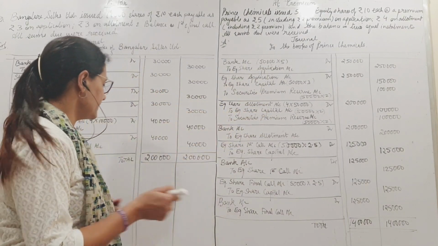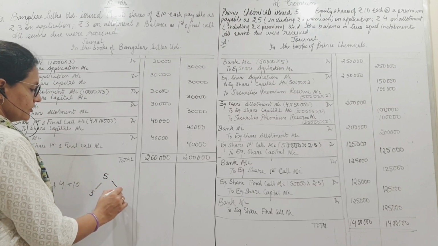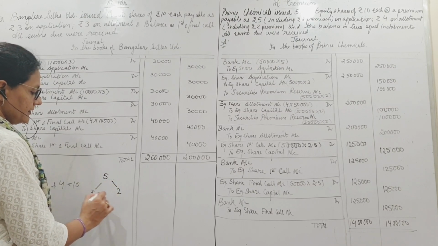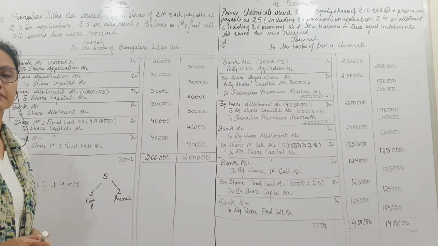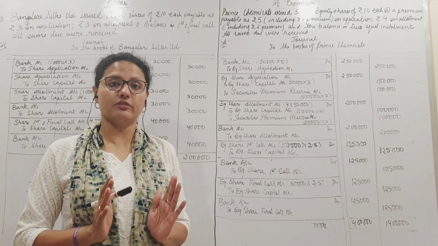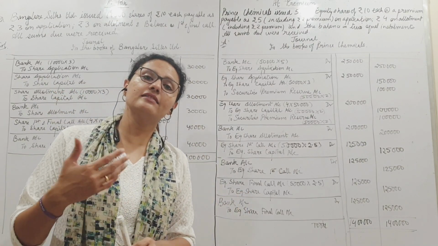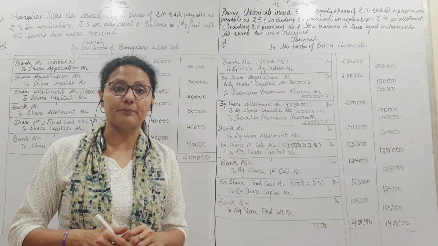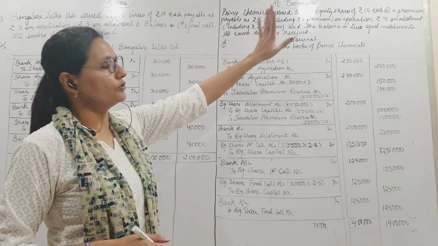Meaning out of this 5 rupees, 3 rupees goes to share capital and the remaining goes for premium. Alright, in the last sum also we did, we have to make a distinction between what we are receiving against capital and what we are receiving against premium, which is a gain to us, a capital profit. So 5 rupees में 2 rupees premium.